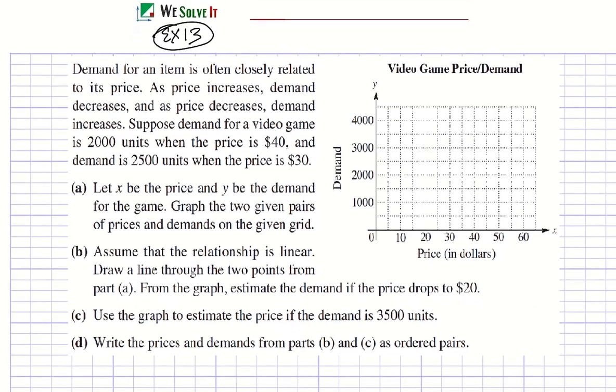Let X be the price and Y be the demand. See? X axis price, Y axis demand. For the game, graph the two given pairs of price and demand on the given graph.